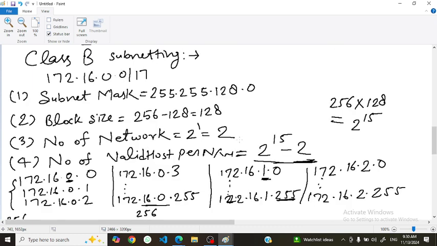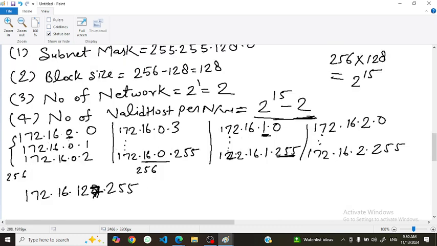So the first network will start from the third octet from 0. It starts from 0.0 to 127.255. It will be a single network, and this one will be the network ID of this network, and this one will be the broadcast ID. And all these IP addresses are the valid IP addresses.